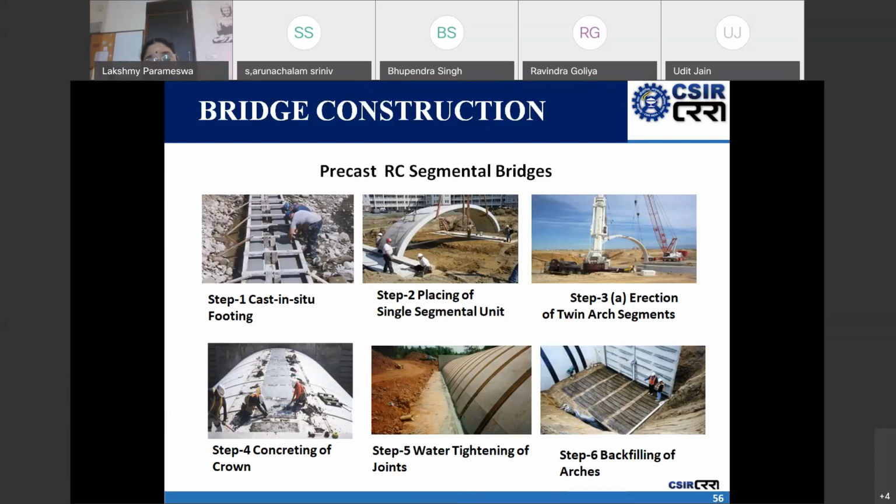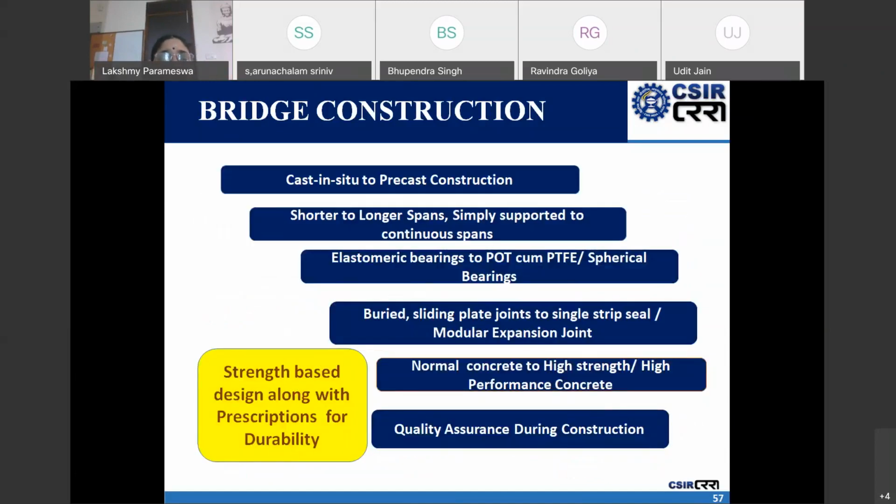Either you can have a single unit, or you can have two leaves coming, with a joint at the center. The water tightening can be done with the help of a waterproofing membrane. So this is another method by which we can do accelerated construction.